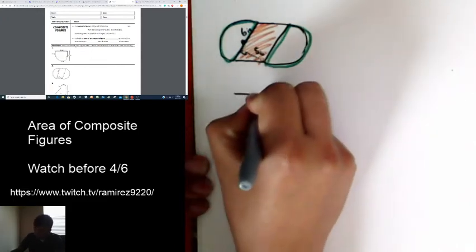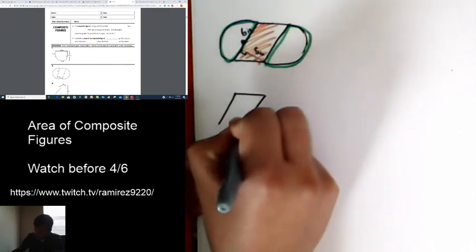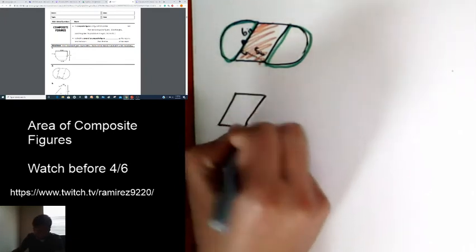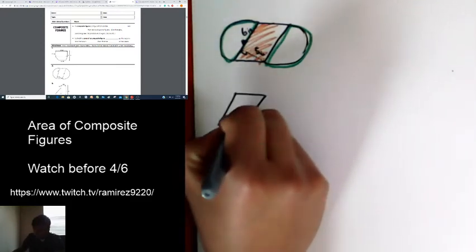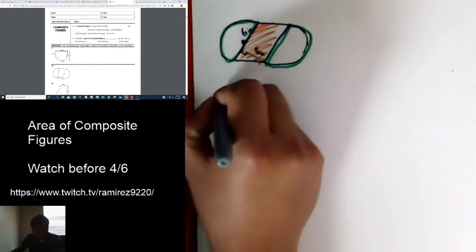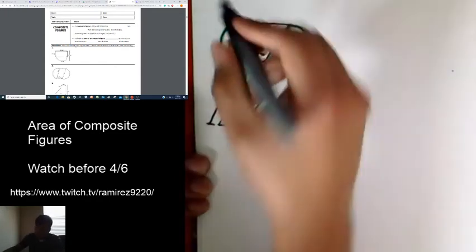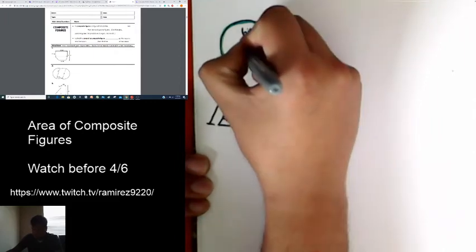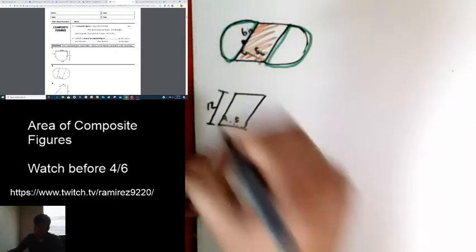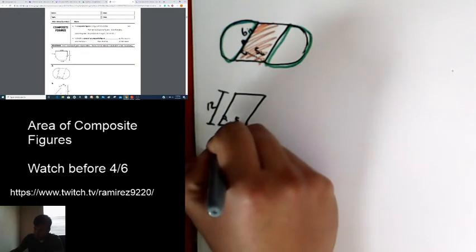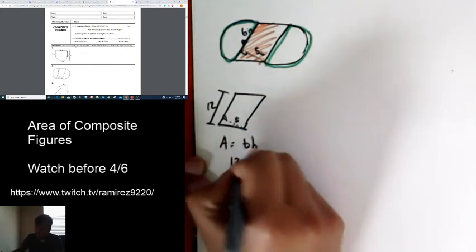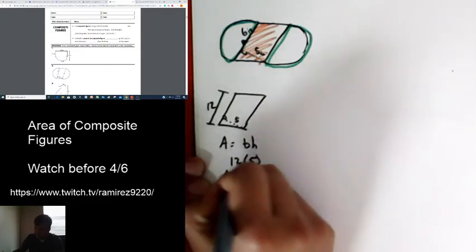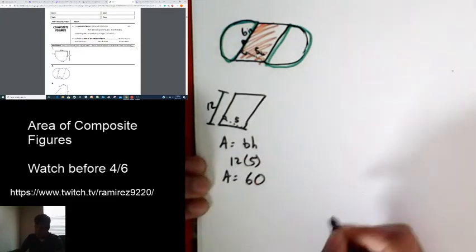Our parallelogram first: our height, this distance going like this, is 5. The base, if this is 6, this is 6, so this has to be 12. In a parallelogram, area is base times height, so this is 12 times 5. The area here is 60.